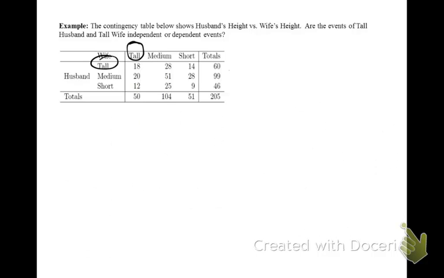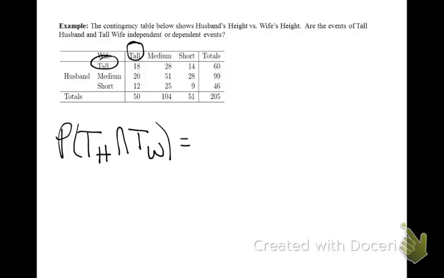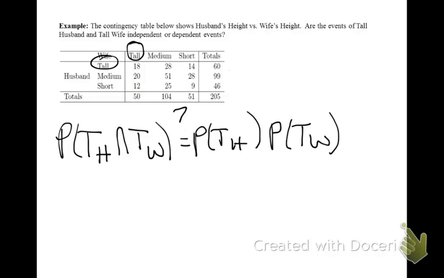A second way we could have checked whether or not these events are independent is to use the rule that the probability of a tall husband and a tall wife is the same as the probability of a tall husband times the probability of a tall wife. If this holds, then they're independent. So let's see, the probability of both, that's 18 out of 205.